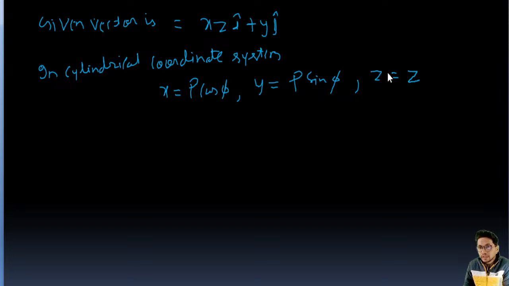Okay, I'm just checking. So very easy, we can easily convert this vector into a cylindrical coordinate system, right?